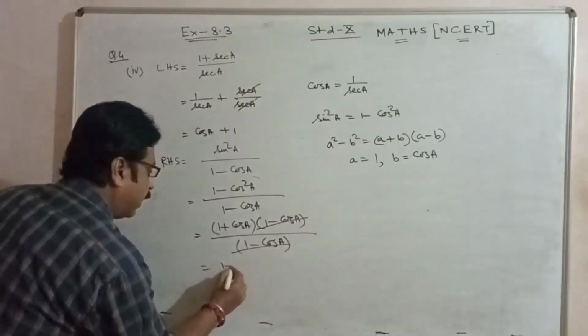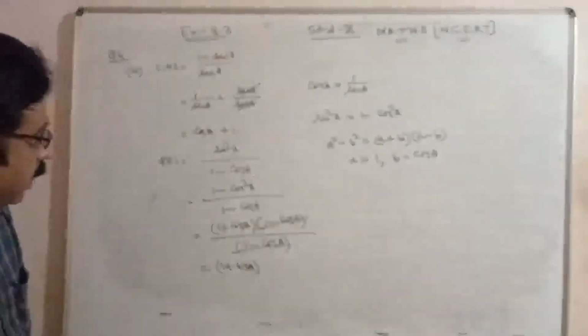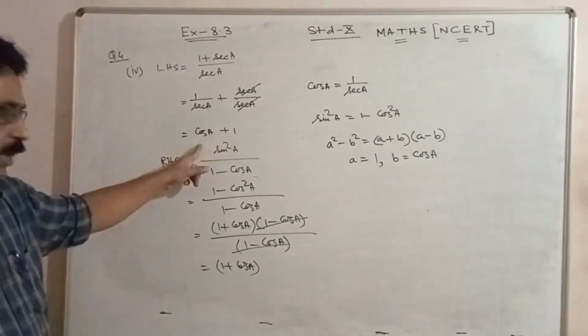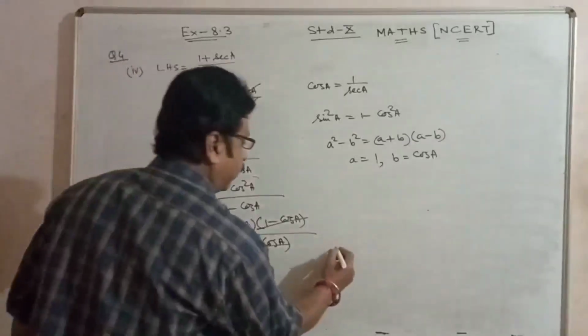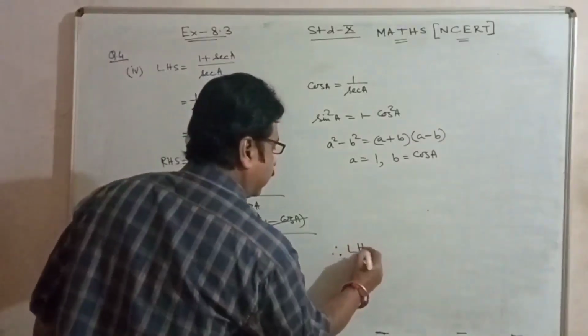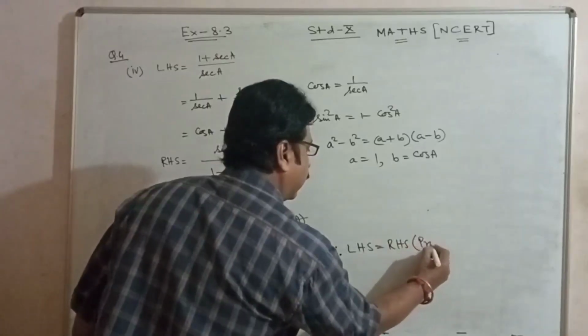We have got 1 plus cos A. Left hand side we got 1 plus cos A, right hand side also we got 1 plus cos A. Therefore, LHS equals RHS, proved.